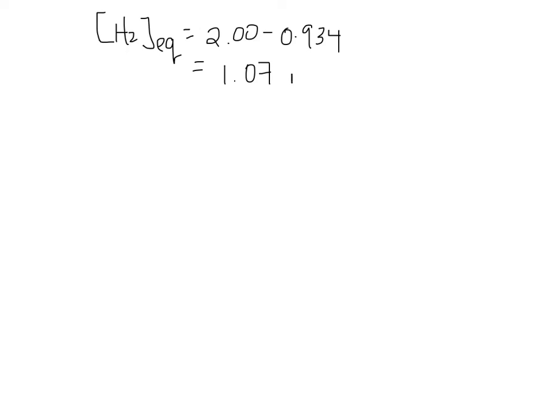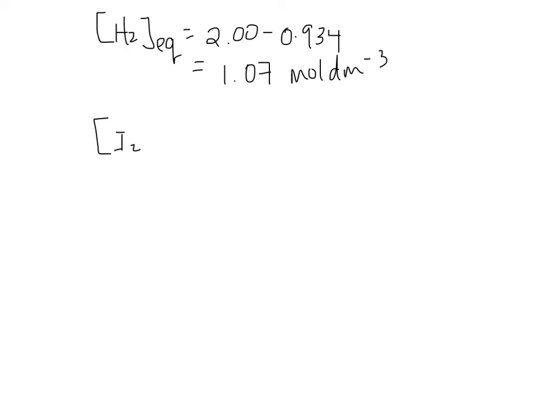From here, it's the same as the last problem. So we're going to solve for each of those equilibrium concentrations. So H2 is 2.00 minus x, which was 0.934, gives us 1.07 moles per decimeter cubed.